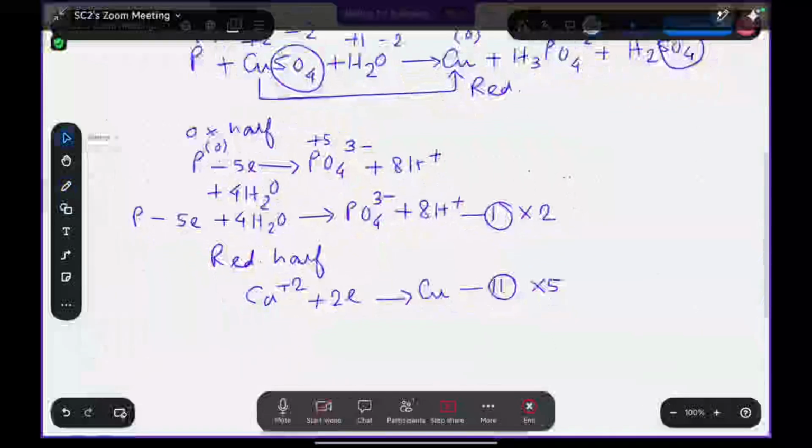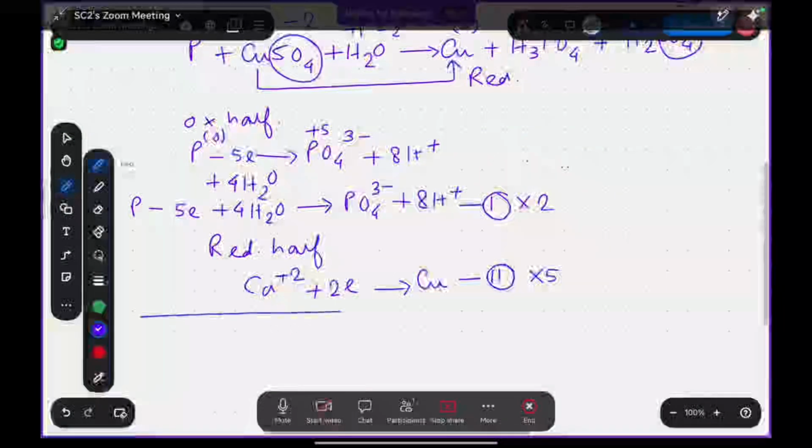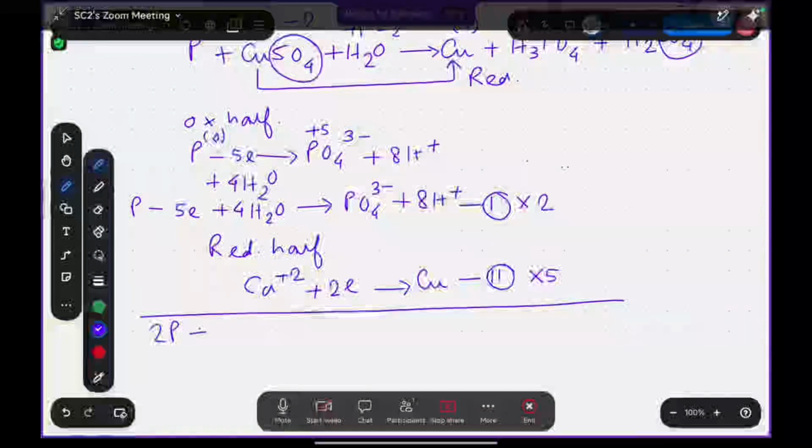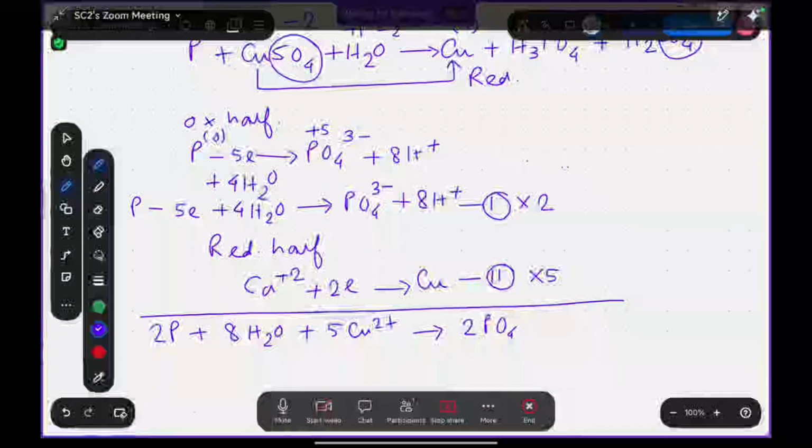So what is the change? What can we see? If we write the overall reaction, we get 2P plus 8H2O plus 5Cu2+ arrow 2 phosphate plus 16H plus 5 copper.